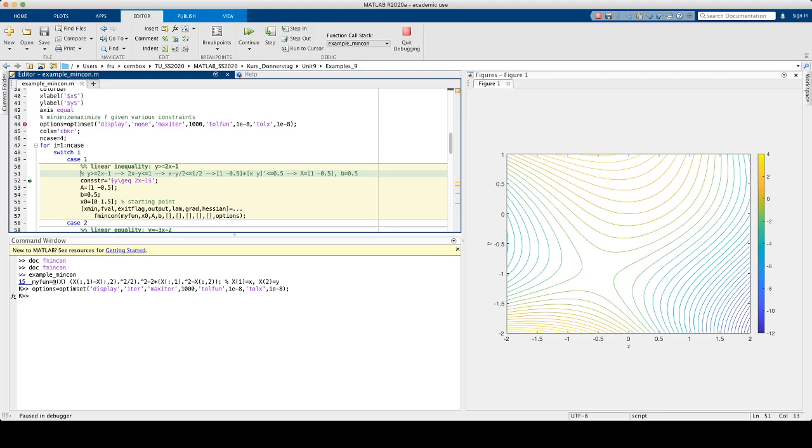We can write this in matrix vector form in the following way. The matrix A is 1 and minus 1/2, and the constant b is 1/2. So A times the vector (x, y) transposed is less or equal than 0.5.